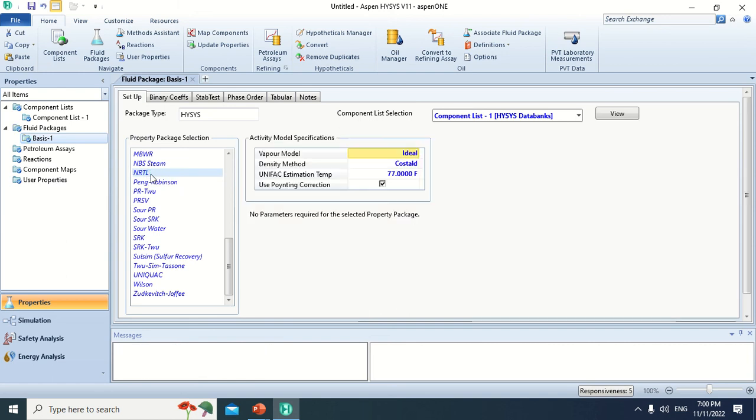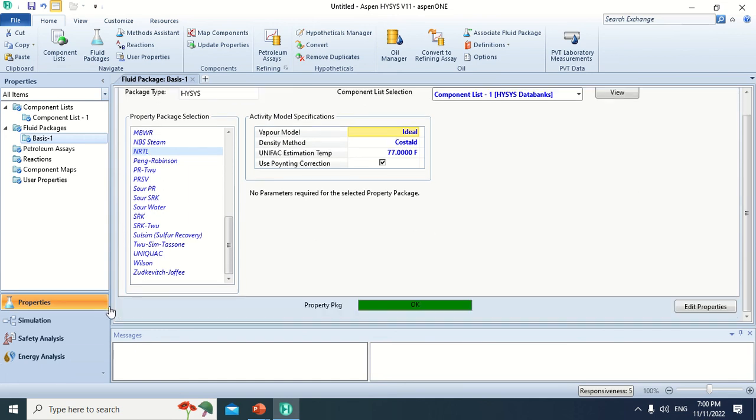I choose NRTL model because the NRTL property package is used for chemical systems and HF alkylation with highly non-ideal chemicals. Yes, and now we are going to a simulation environment. Click on it.